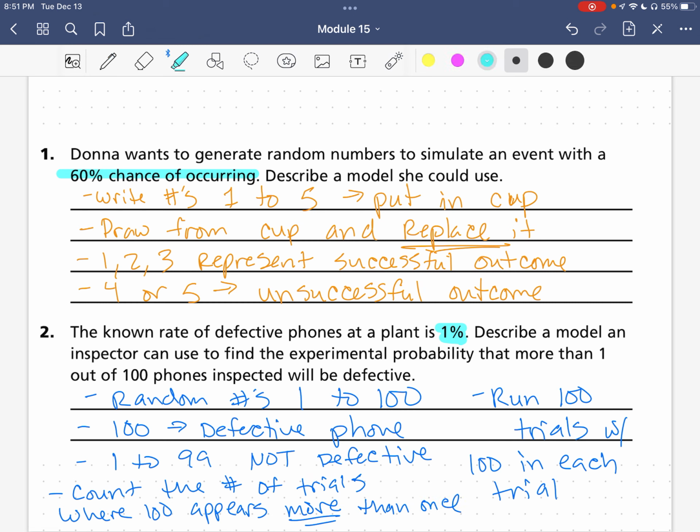Okay, so that's going to be our important part. Count the number of trials where the 100 appears more than once, because that 100 is the defective phone. So we're trying to figure out what that probability would be that we would see defective phones more than that 1%.